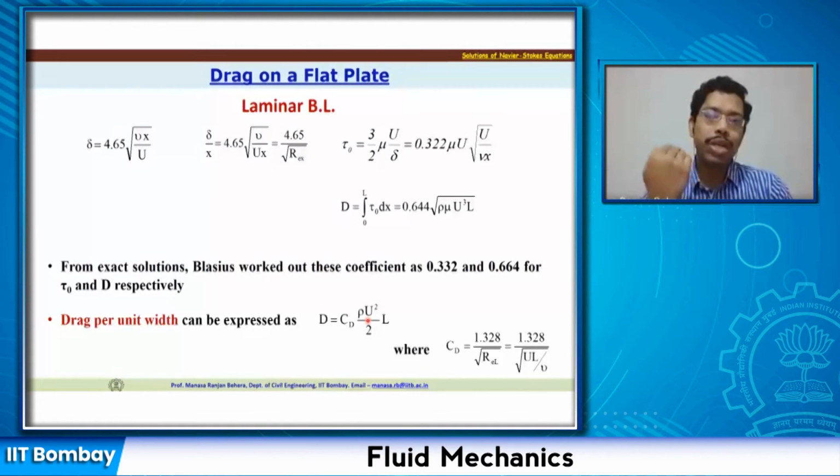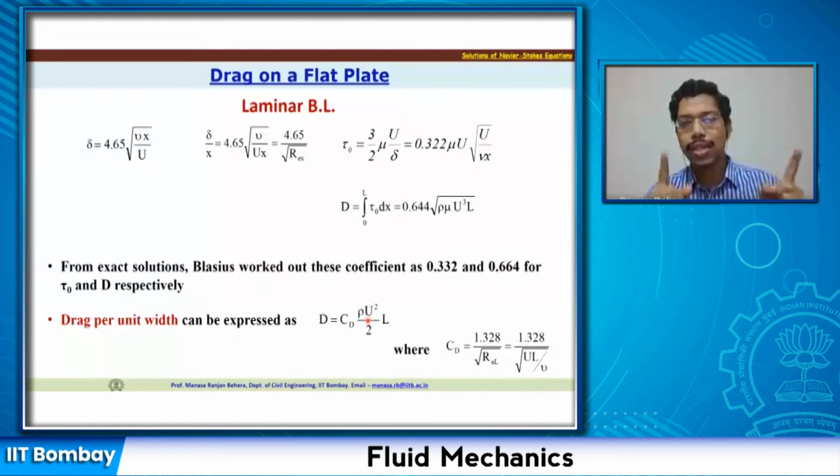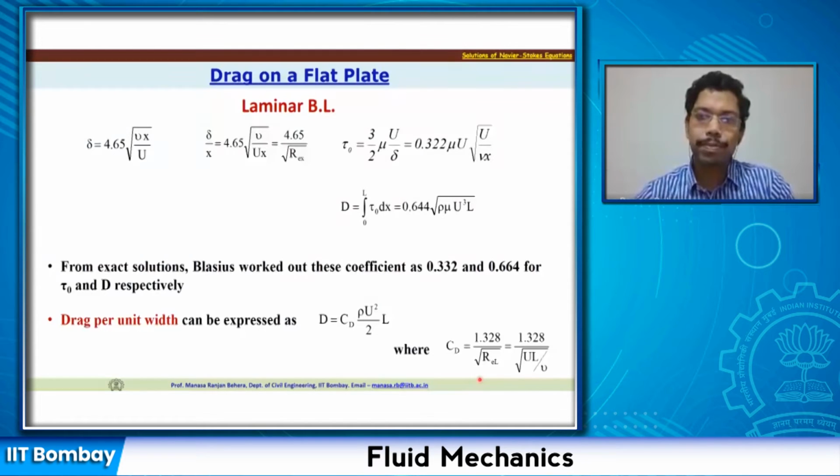Earlier we used to say x, but here we are finding the drag on the total plate, which is an average drag, and that is going to be obtained based on square root Re_L. If you are finding the drag force up to a certain length, let us say x, then it is going to be Re_x. Okay, so the length that you consider is going to drive this.